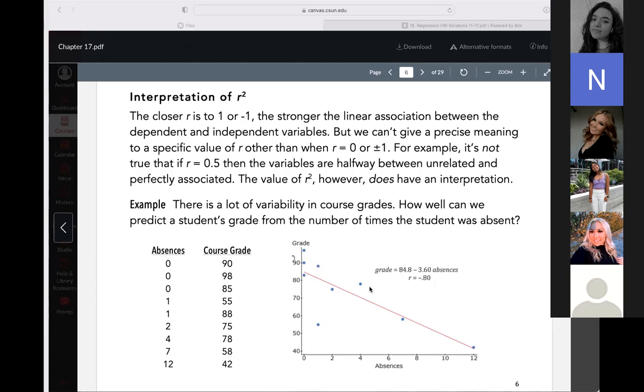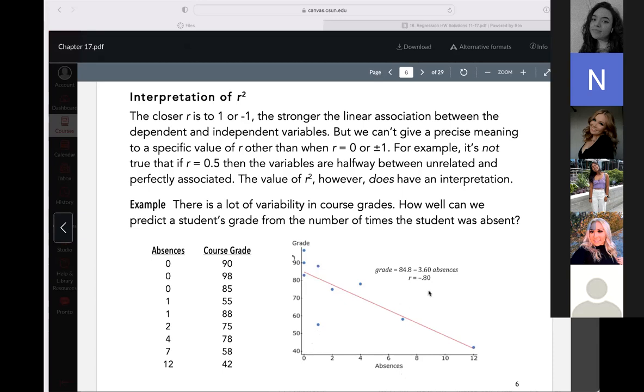What are some other reasons why they might not get the same course grade? Different grades on different assignments. Absences. Well, okay, absences should certainly be a factor, because as we can see here, there's a pretty strong correlation between absences and grades, right?